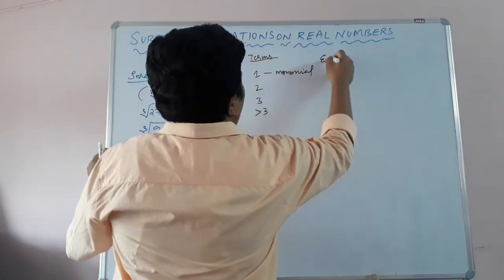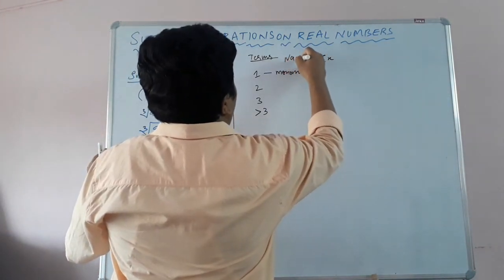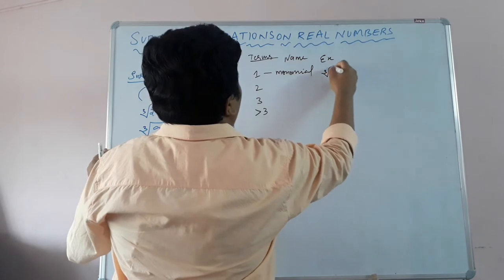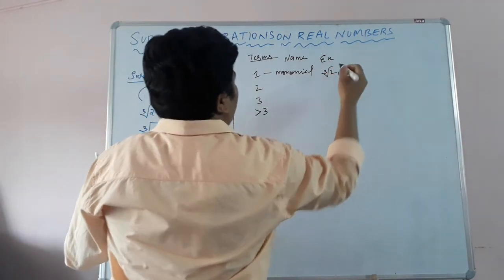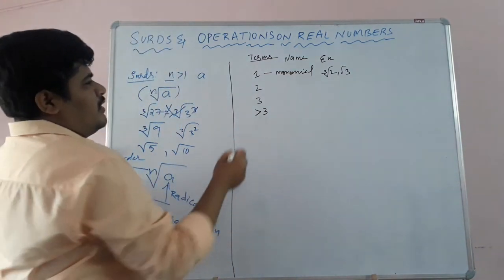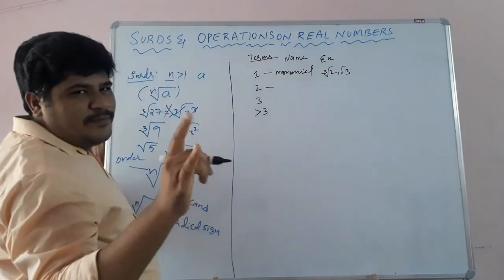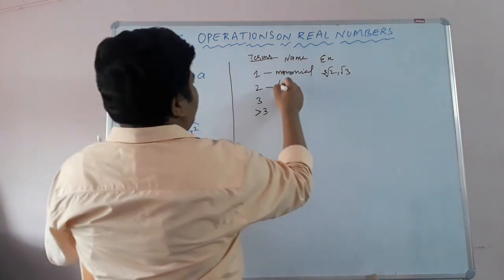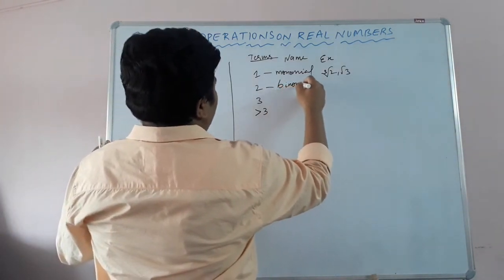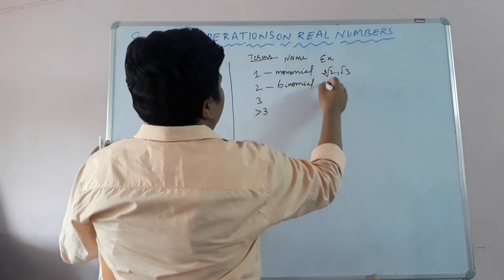You can see examples such as the cube root of 2, only one term, and the square root of 3, only one term. Now if a surd has 2 terms, that is called a binomial surd.